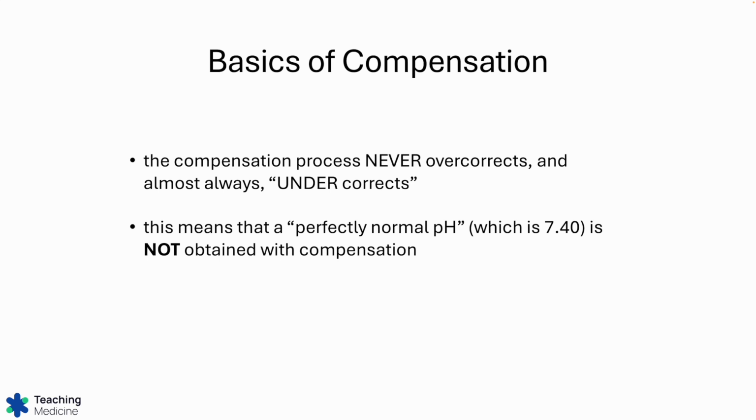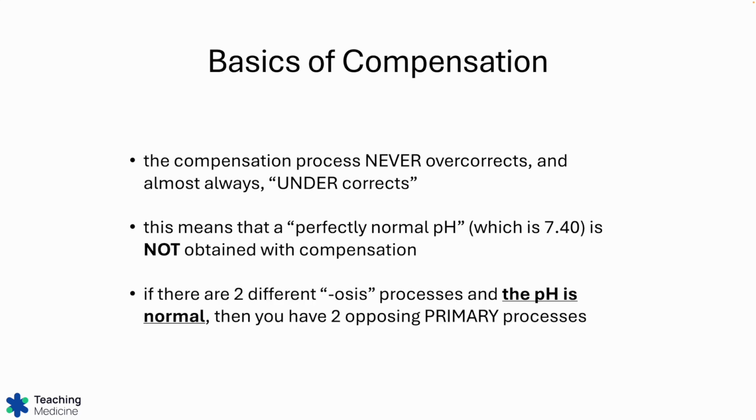So that means if you had a perfectly normal pH, which is 7.40 or very, very close to that, it was not obtained with compensation. In fact, if you have a normal pH, you most likely have two different primary processes.